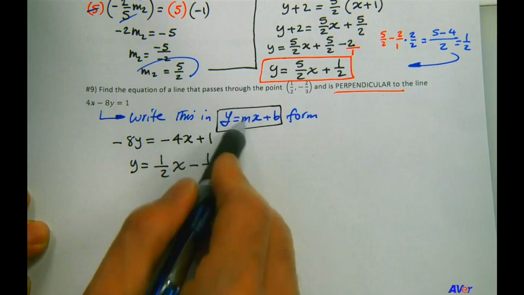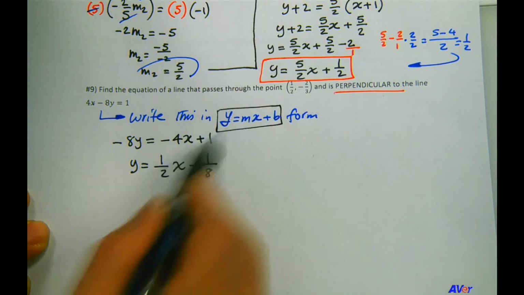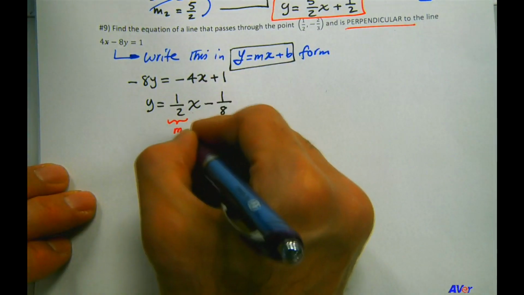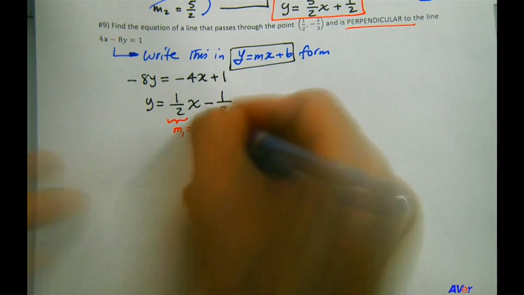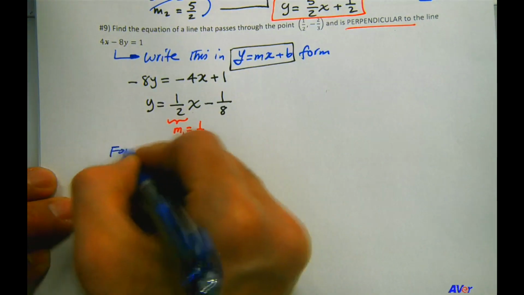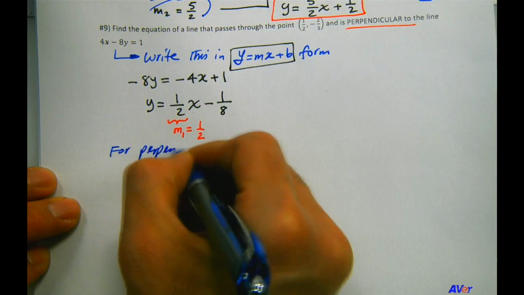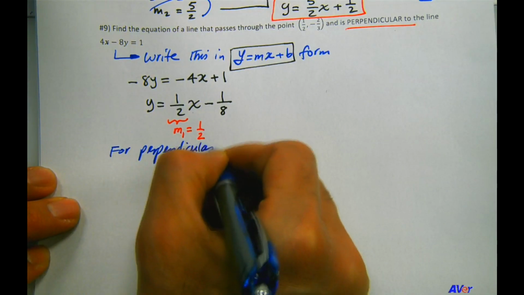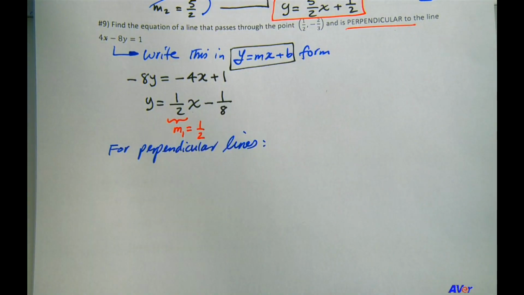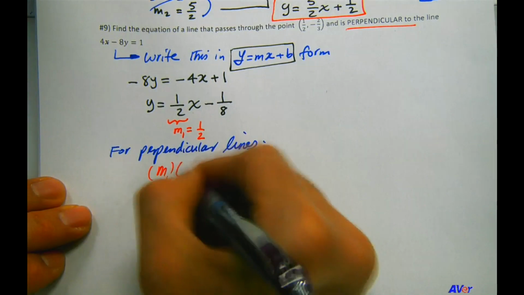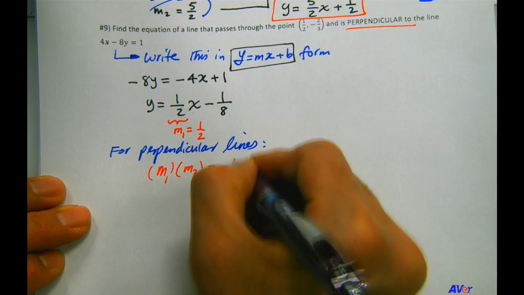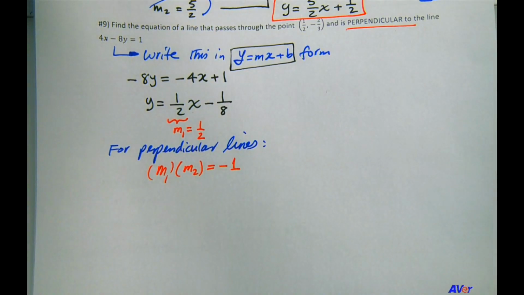Now we know exactly what this slope is, right? The slope is 1 half. So let's call it M1. M1 is 1 half. For perpendicular lines, we have a condition we have to meet: the product of the slopes of two equations that are perpendicular must be equal to negative 1.